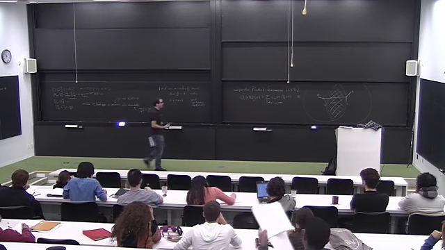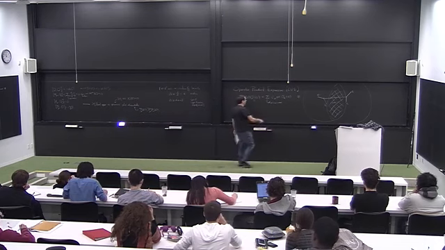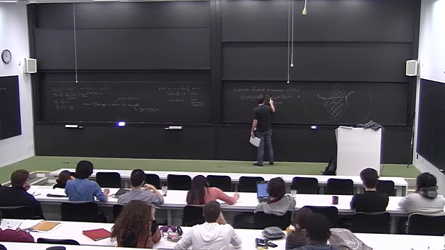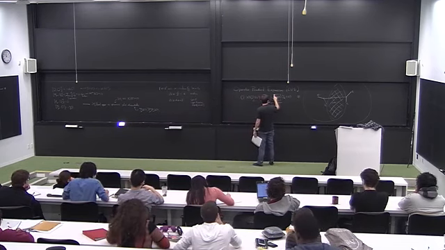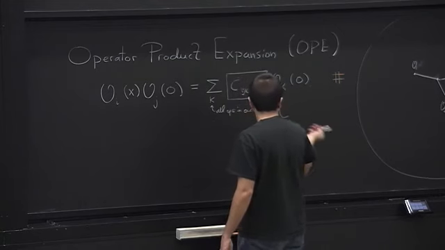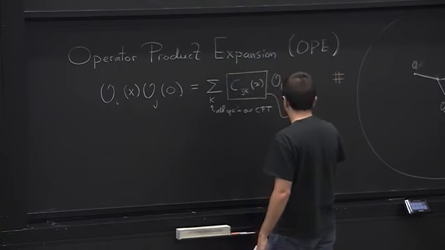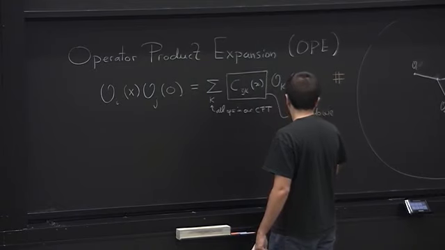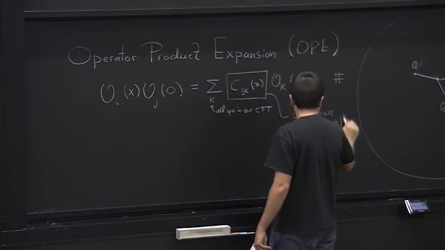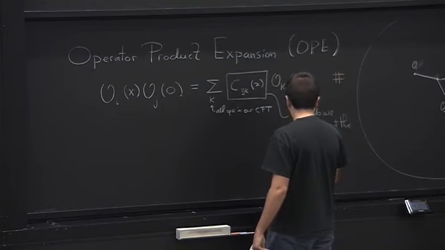So that's the main idea: try to understand what we know, how can we fix these C's. So the question is, what do we know about these guys? And these are called the OPE structure constants.